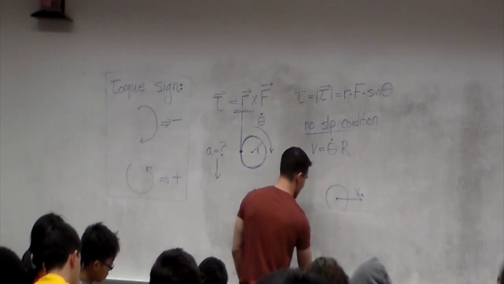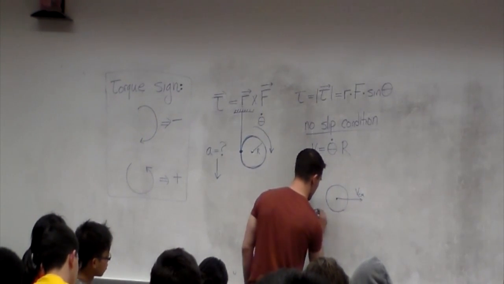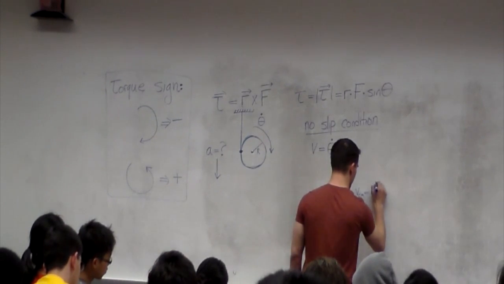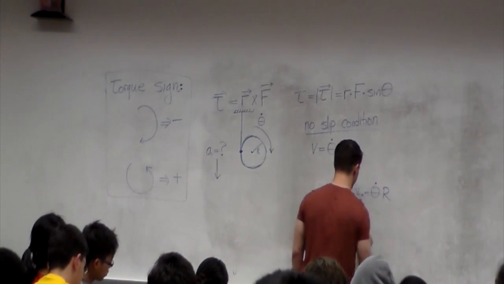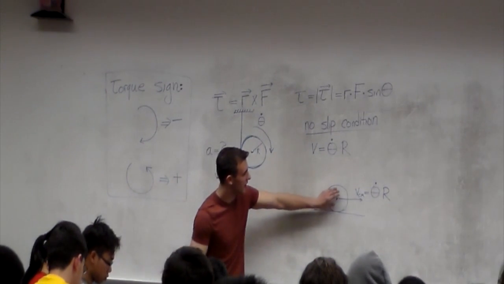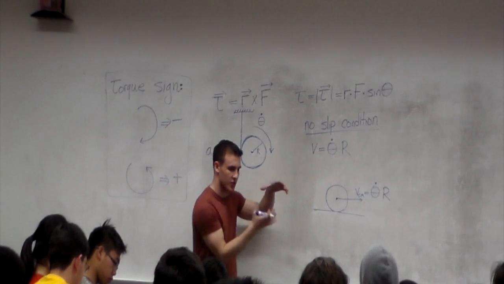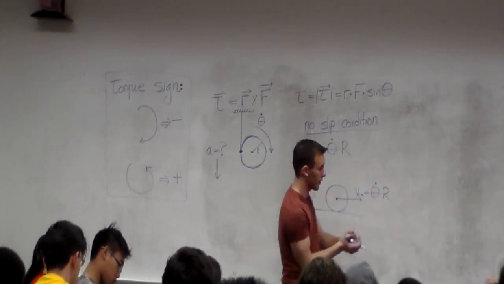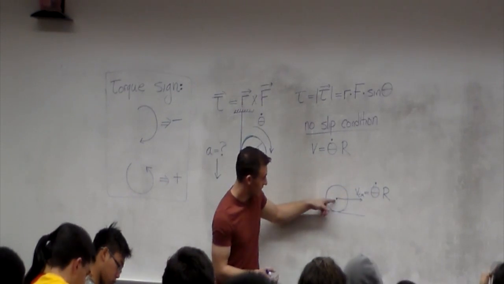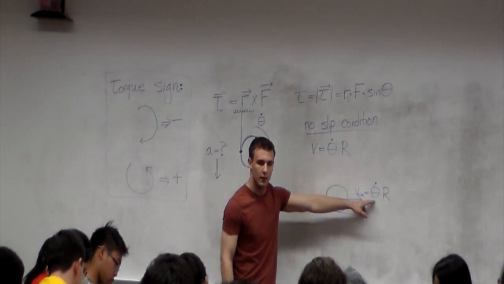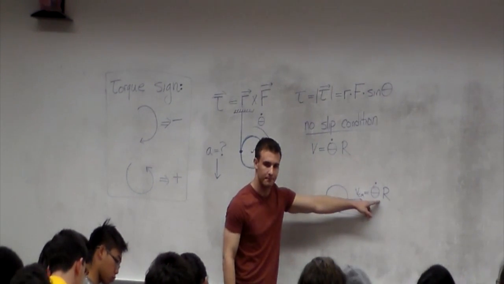So what that means is v center of mass is equal to theta dot times the radius of the wheel. Okay? So what you should understand is that imagine the thing wasn't rolling at all. If it was just perfectly static, there was no rotation, it was purely sliding along. In that case, the center of mass would obviously be moving, but there would be no angular velocity. Right? So this wouldn't be true.